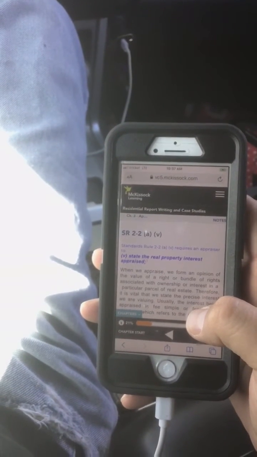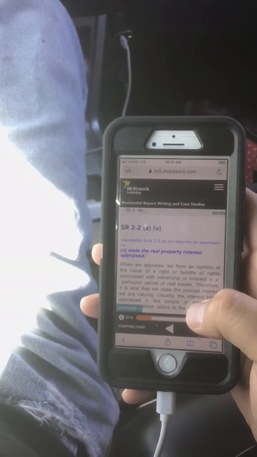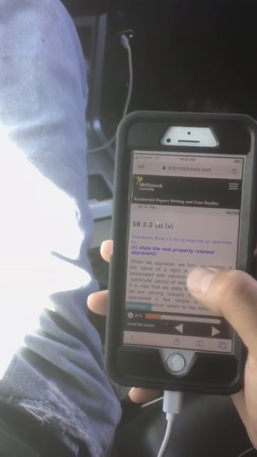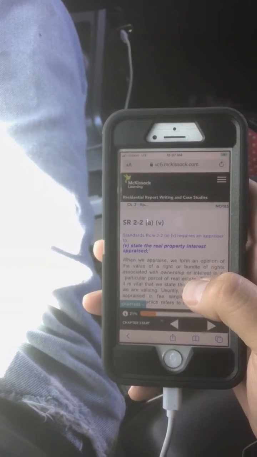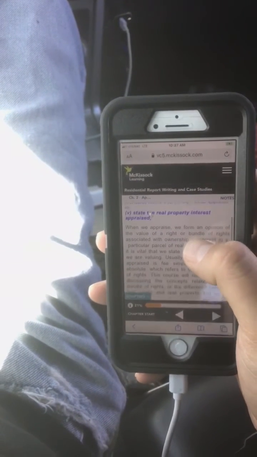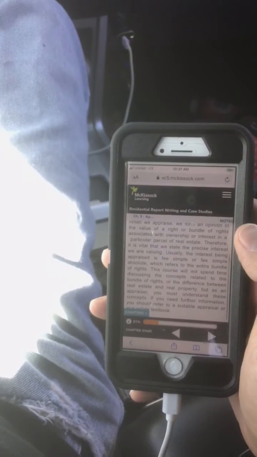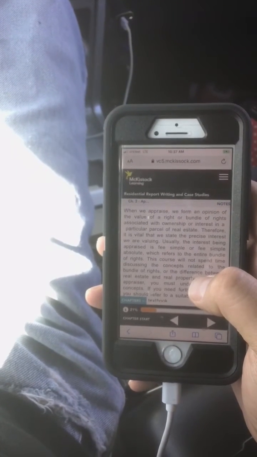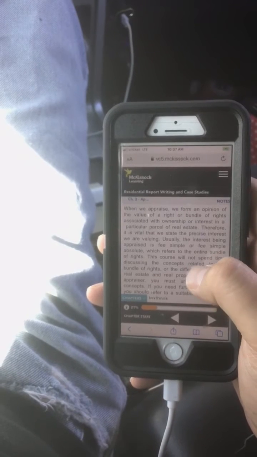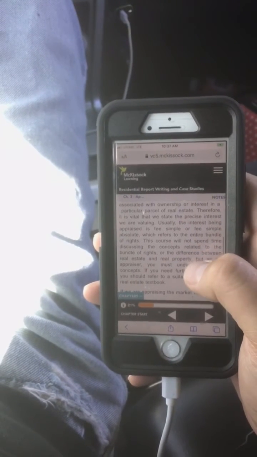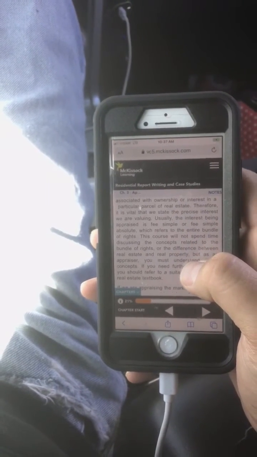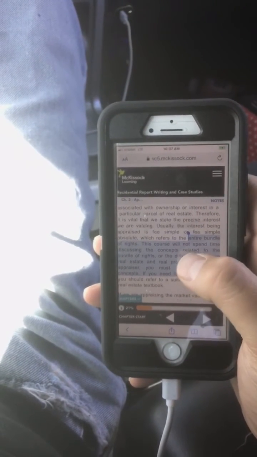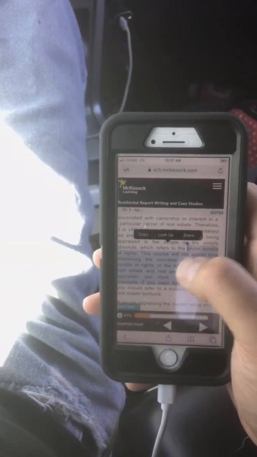Standards Rule 2-2A, Roman numeral 5, requires an appraiser to state the real property interest appraised. When we appraise, we form an opinion of the value of a right or bundle of rights associated with ownership or interest in a particular parcel of real estate.